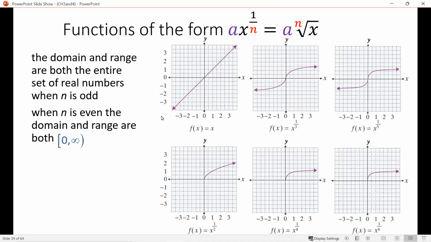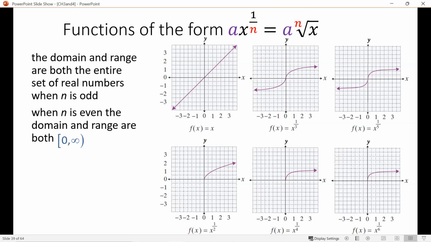All right, let's talk about a third kind of function. So now we're going to talk about fractional exponents of our variable, okay? So a fractional exponent, recall, is the same thing as a radical number, or a root, or square root, or a cube root, or a fifth root, okay?